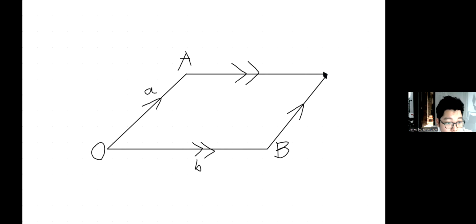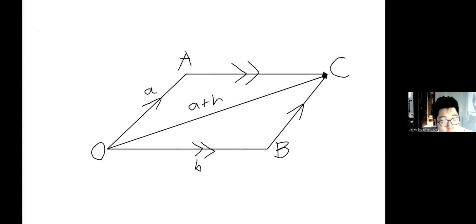Then let's say this is the point C, and then the vector OC is actually just the addition of the two vectors forming the parallelogram.